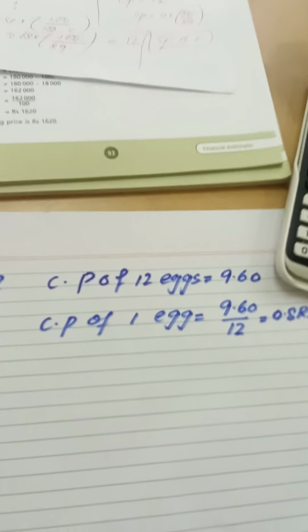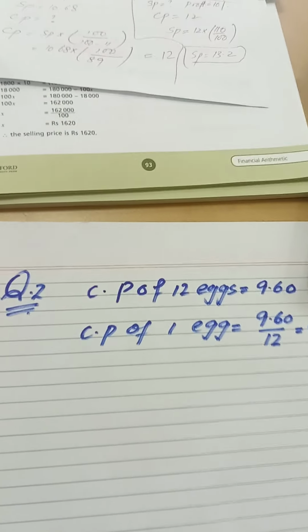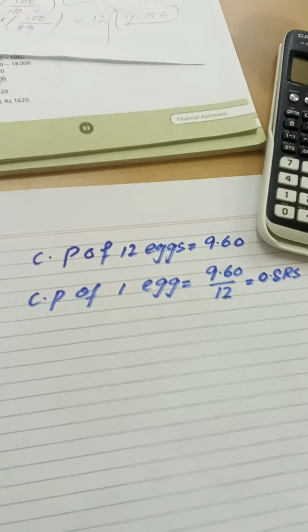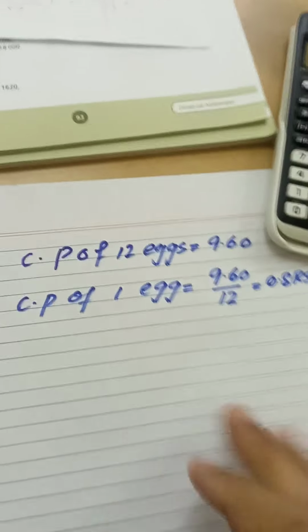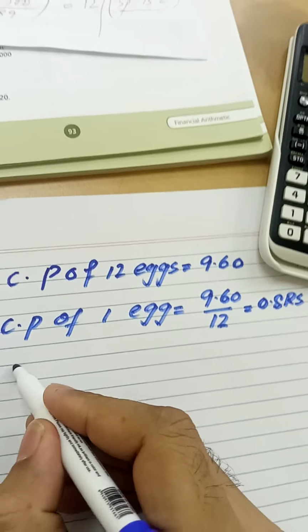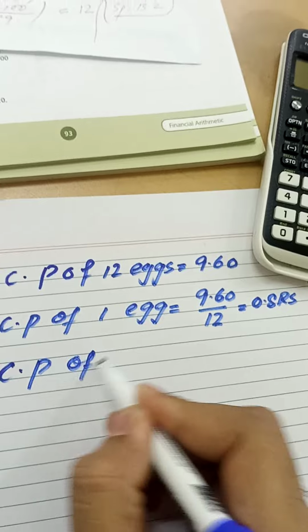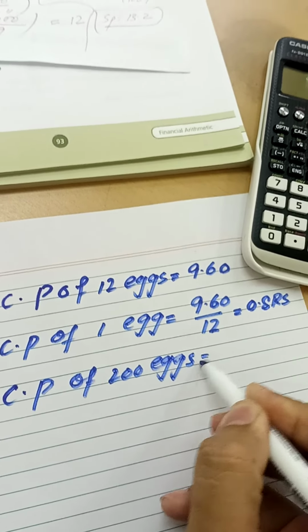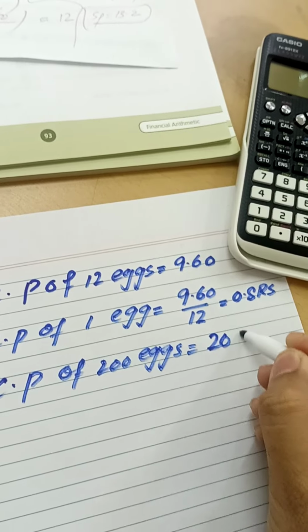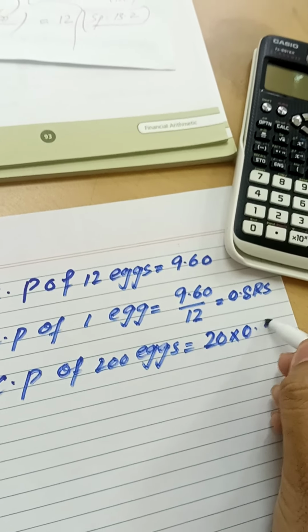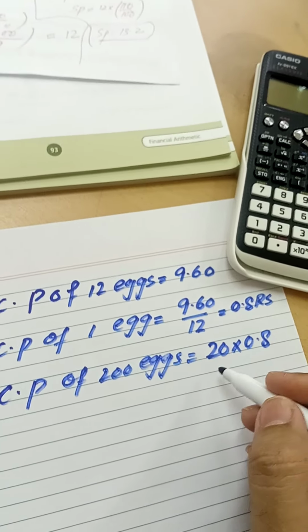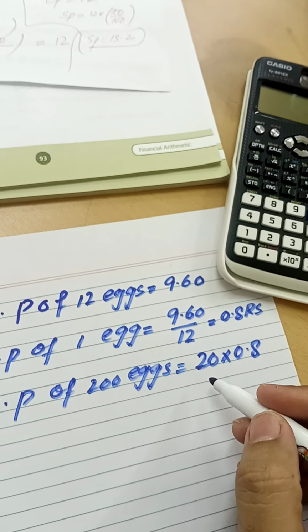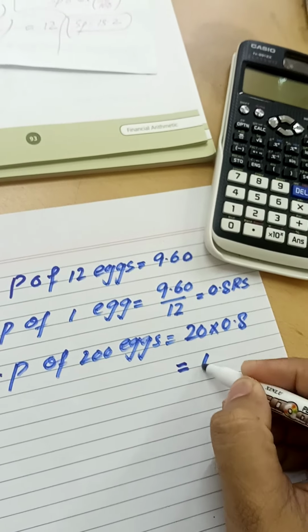Now the question is, and sells 20 eggs for 18. Now he wants to sell 20 eggs. So first we will find the cost price of 20 eggs. The cost price means 20 multiplied by the price of 1 egg, which is 0.8. So when you multiply 20 by 0.8 you get the answer 16.